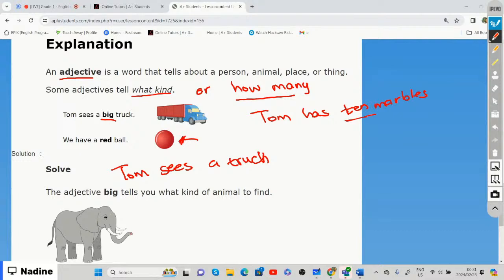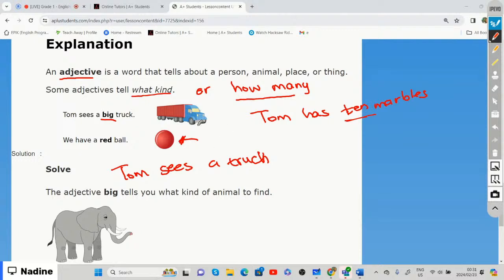So Tom sees a truck, but now we need to describe that truck. How would you describe the truck? Is it a big truck or a small truck? So we would describe something as being big or small.